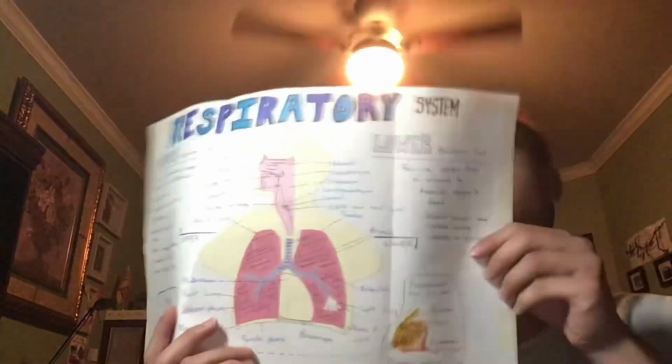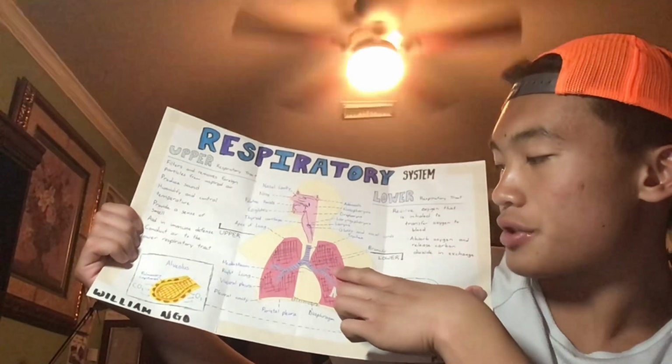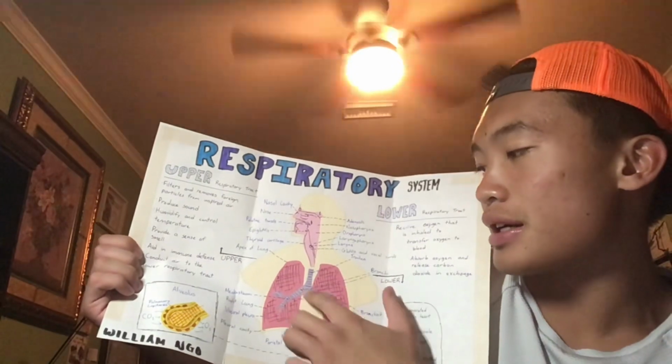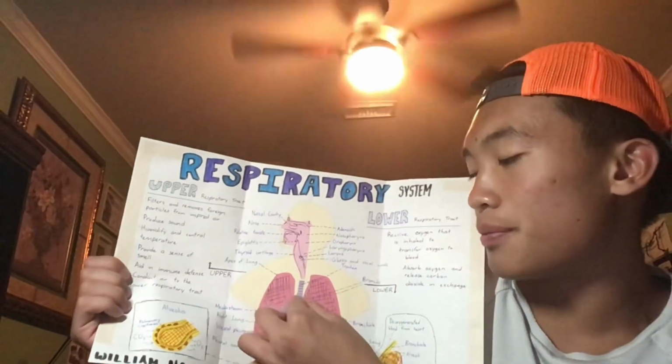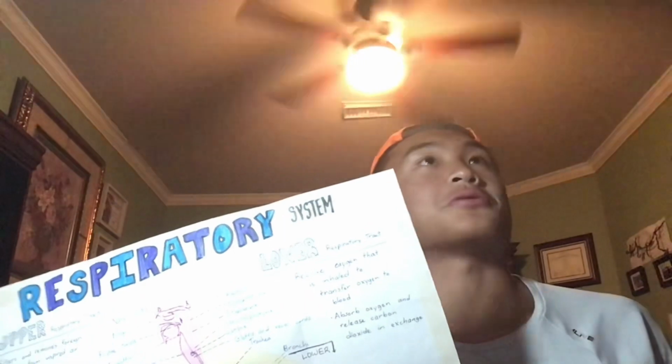All right, step 3 is gas exchange. The bronchioles, all the way right here, this is a bronchiole, are branches that come out of the bronchi that split apart for each lung. These lead to tiny air sacs called alveoli, which is where the actual gas exchange occurs. This is where step 3 takes place.